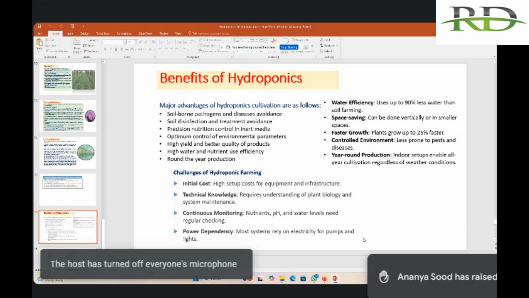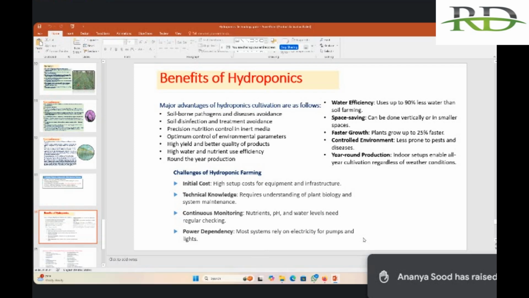The quality and the yield of crops grown in hydroponics are better than in traditional systems, and we can generate crops year round, because in a traditional system we cannot do that, as the temperature, humidity and other factors may not be favorable year round, but in hydroponics we can.